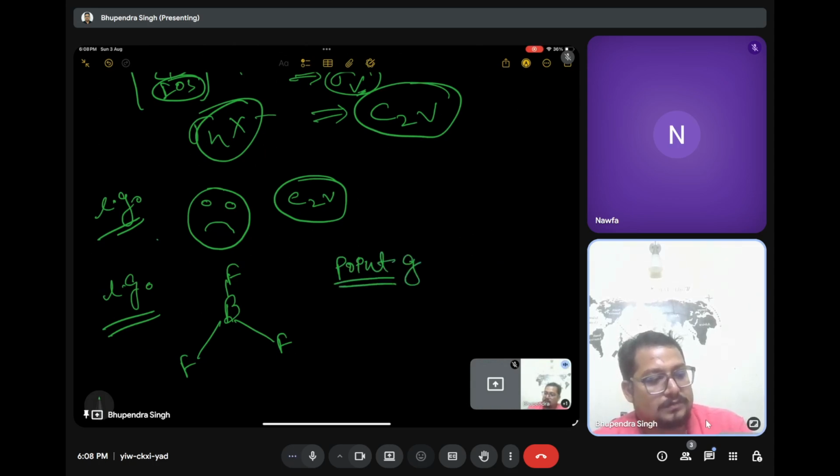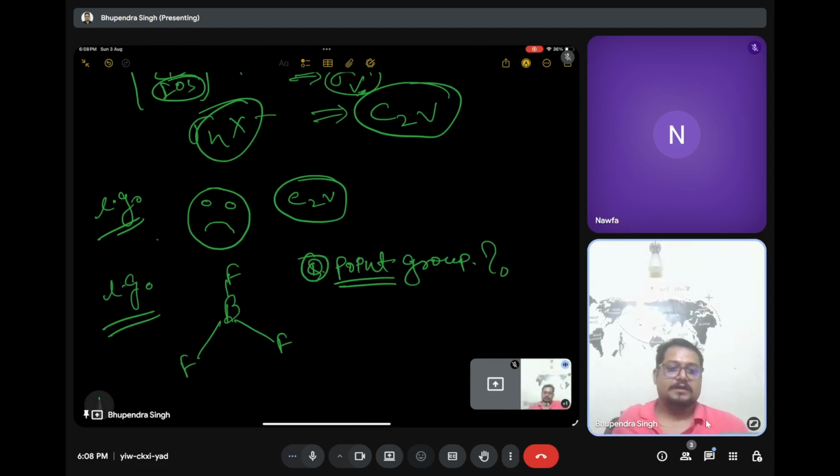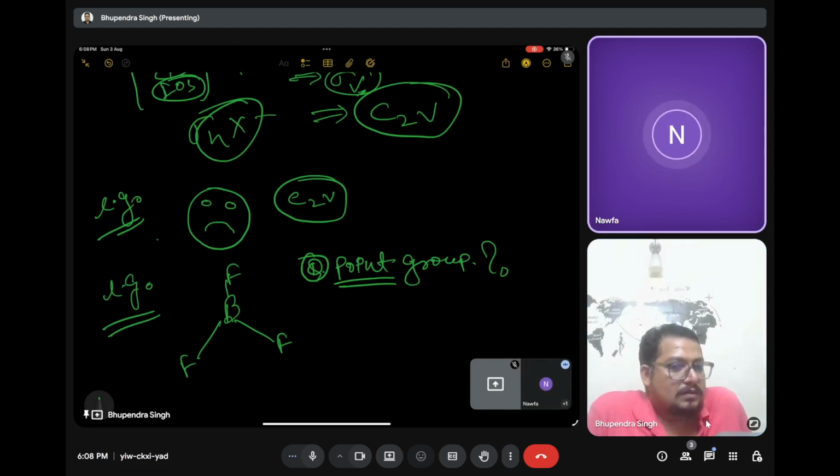What is the point group? Tell me. Now you tell me the point group of this molecule. Simply follow the procedure. What is the point group?